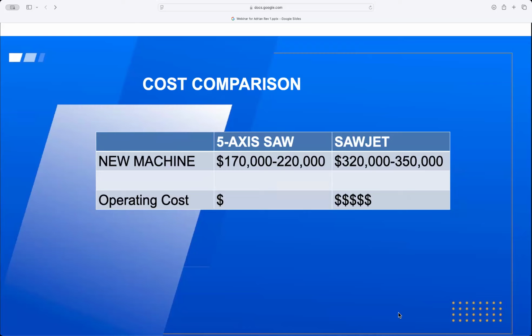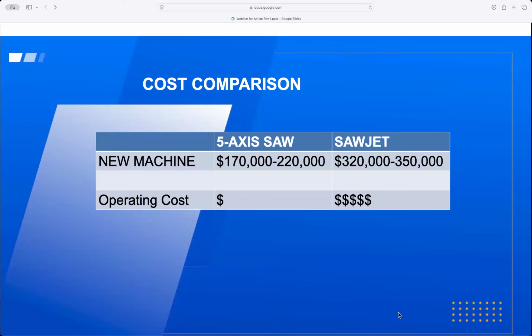It would do your sink cutouts, and at 190 you actually have an extra spindle that makes the sink cutouts faster than just using the spindle on the machine. With the Sawjet, that higher number is not quite high enough, because a lot of people like to do double bed Sawjets so they can run one bed and unload the other while that one's running, and keep it running all the time. So it could get up to 370 on the double bed.